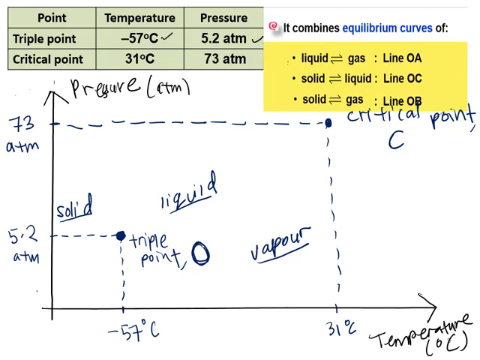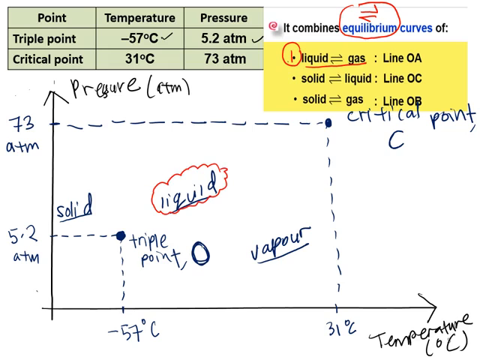Okay. Cuba tengok pada kita punya. Okay, dia punya first curve. First curve awak adalah liquid and gas in equilibrium. Anak panah, the reversible arrow means equilibrium. So first curve adalah liquid and gas in equilibrium. Mana part liquid awak? This part.